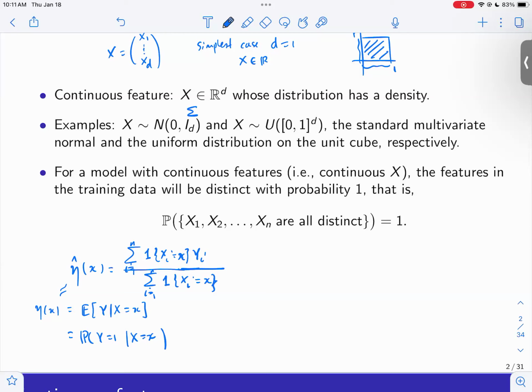So what is the problem with this estimator?